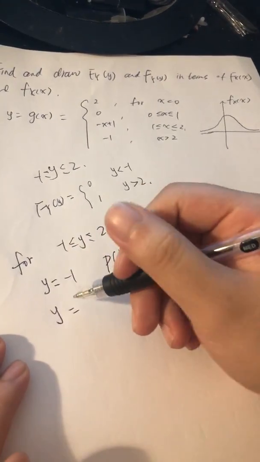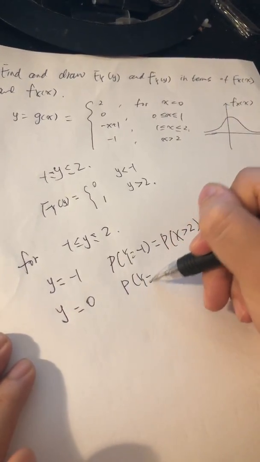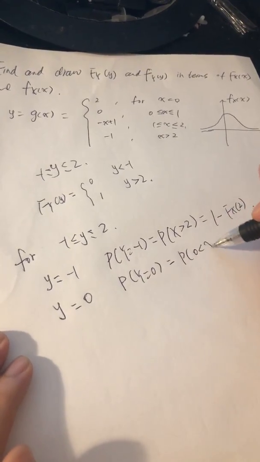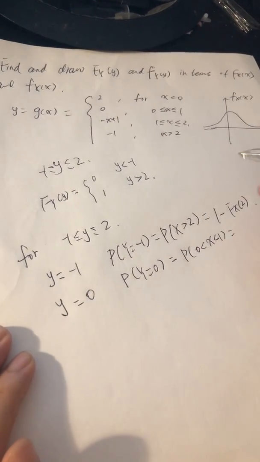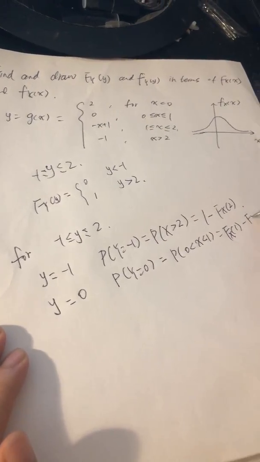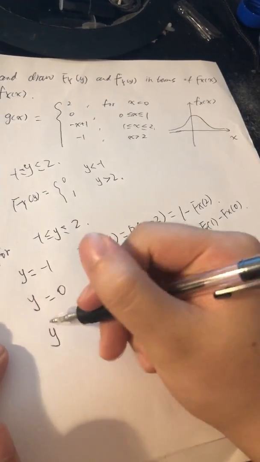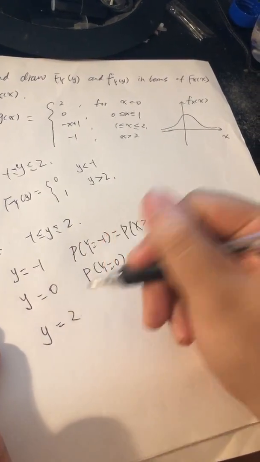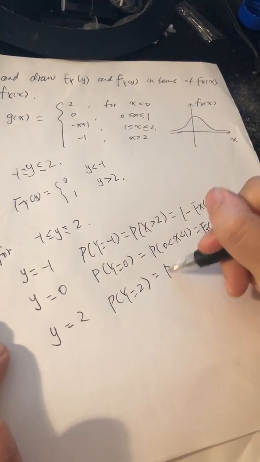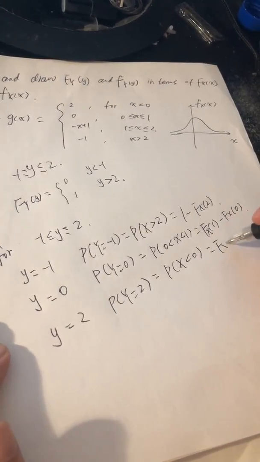When y equals 0, the probability of Y equals 0 equals the probability of X from 0 to 1, which is F_X(1) minus F_X(0). And when y equals 2, the probability of Y equals 2 equals the probability of X smaller than 0, and it will give us F_X(0).